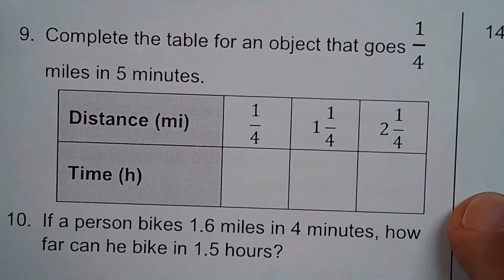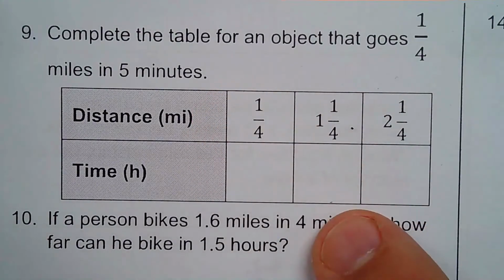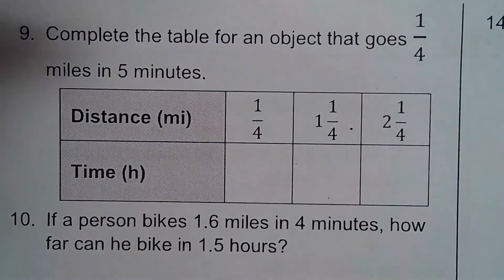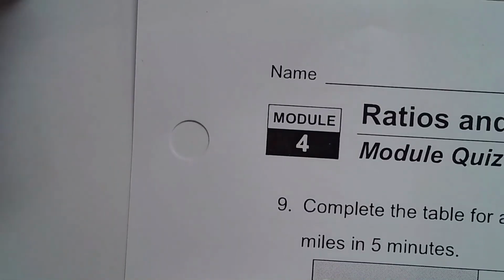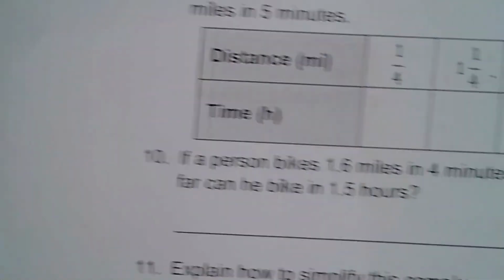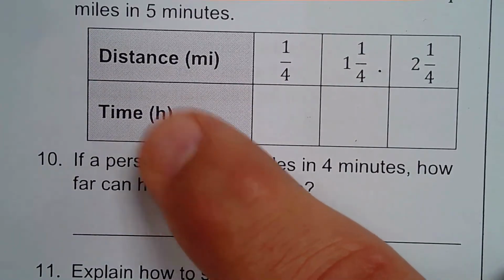So complete the table for an object that goes 1/4 mile in 5 minutes. So 1/4 mile, this is going to be 5 right there. So number 9, 1/4, it goes in for 5 minutes. Ooh, I just saw something here. That's 1/4 mile. 5 minutes is how many hours?